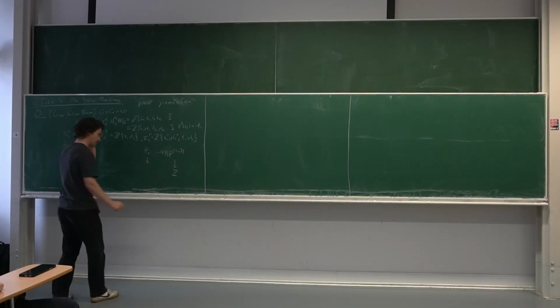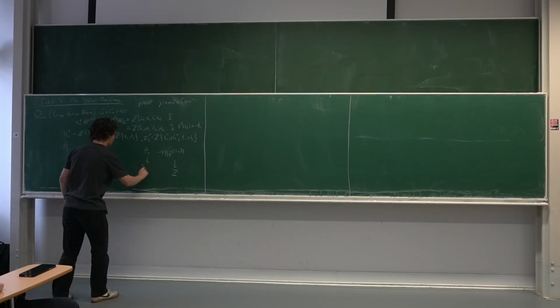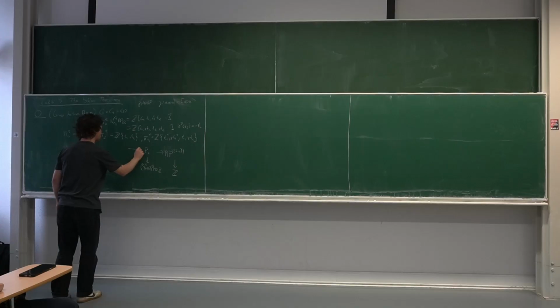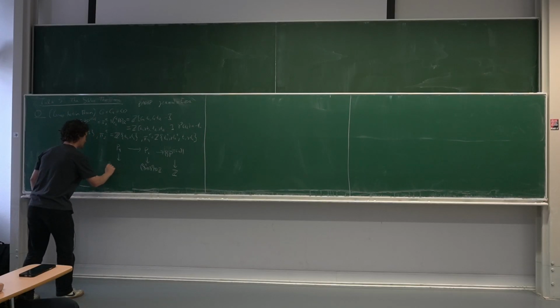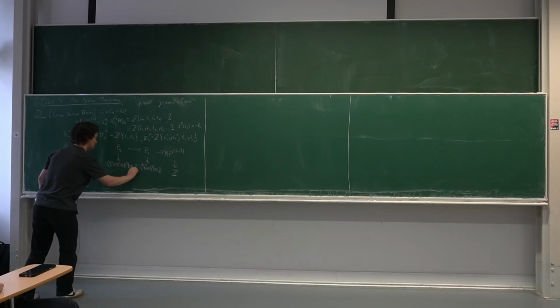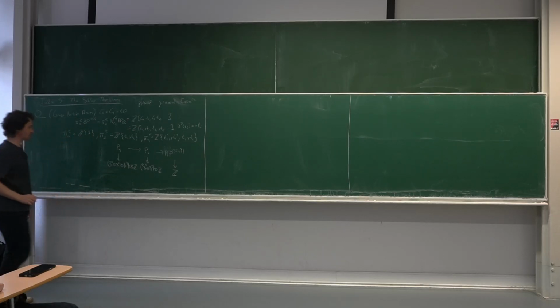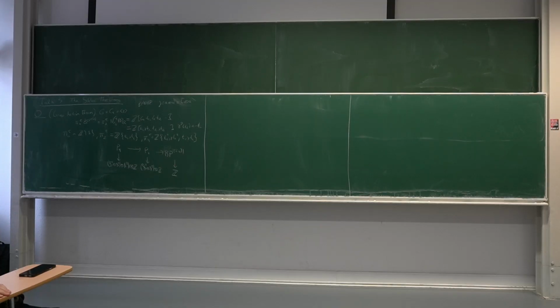So I have my 2-connective cover, and here I have an S2 plus S2 tensor Z. And in the fourth piece, I have an S4 plus S4 plus S4, which I'm writing separately because the group acts differently on those pieces. Okay, so this is just non-equivariant so far.